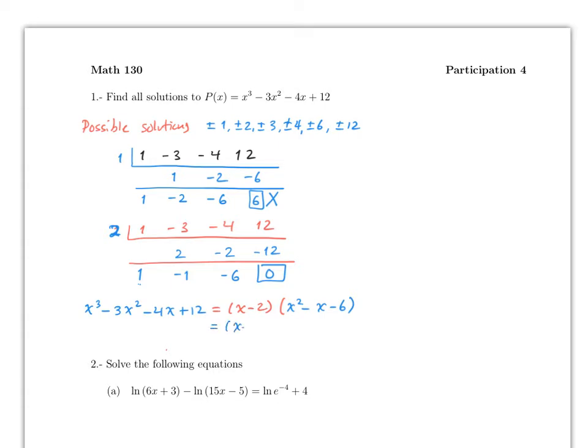And obviously, this one is easy to factor. This will be x minus 3 and x plus 2.